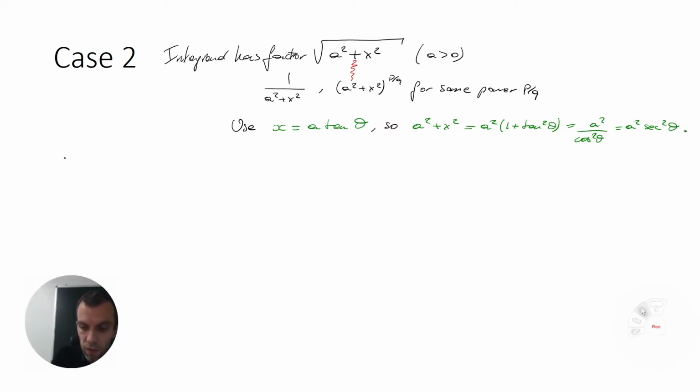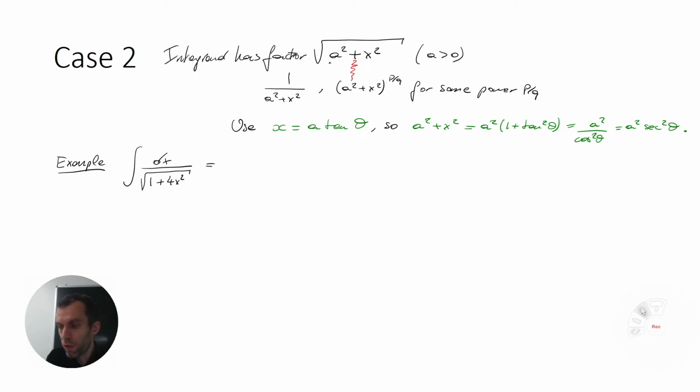So let's see an example. Let's look at the integral of dx, and now we'll combine both cases, over square root of 1 plus 4x squared.